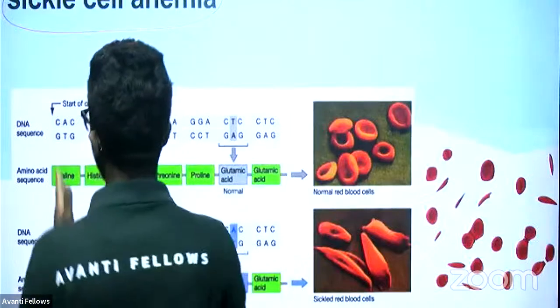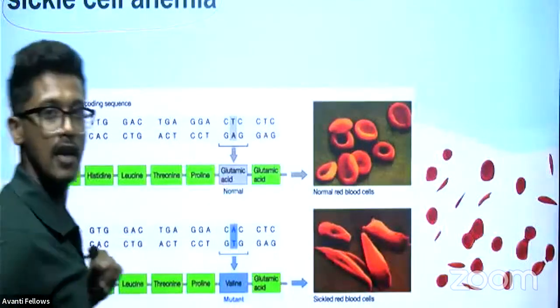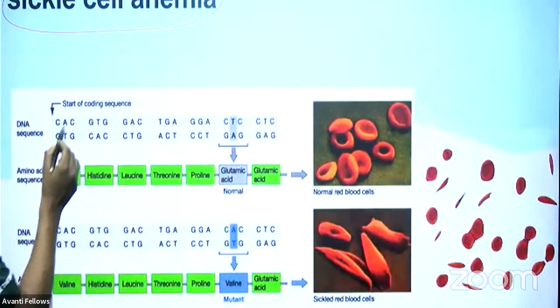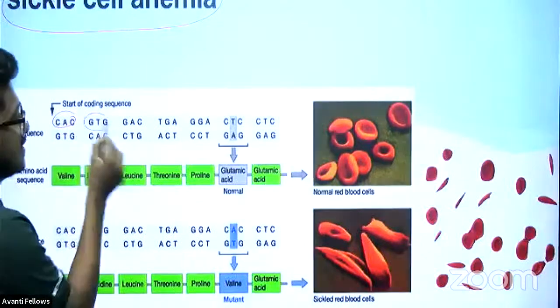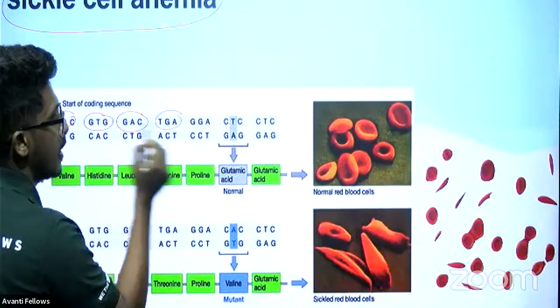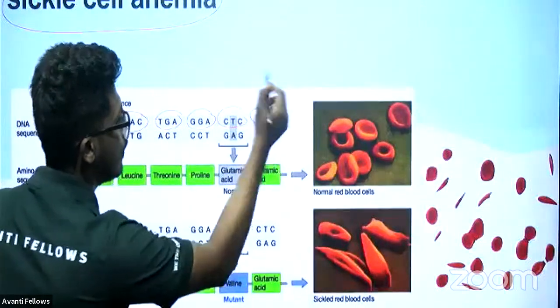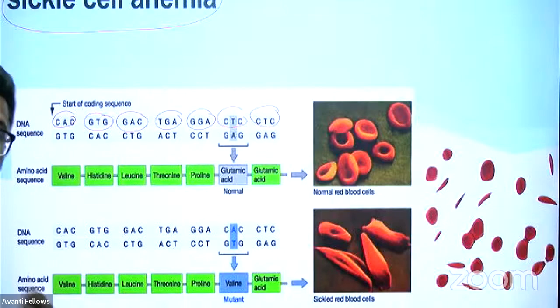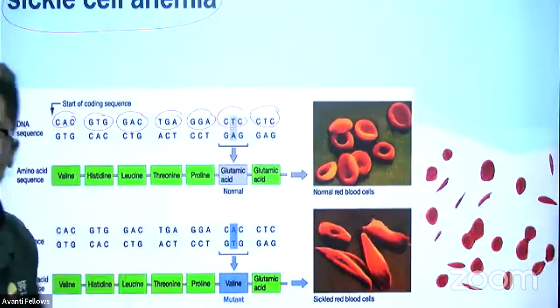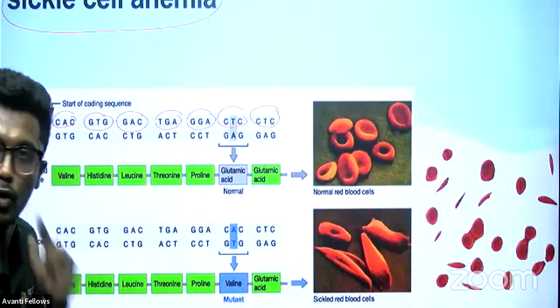Similarly, you have the list of amino acids that are arranged. You can see here in the beta chain, you have CAC, GTG, GAC, TGA, and then you have GGA, and then you have CTC, and then you have CTC. You get my point? This is how the amino acids are arranged in your hemoglobin molecule.